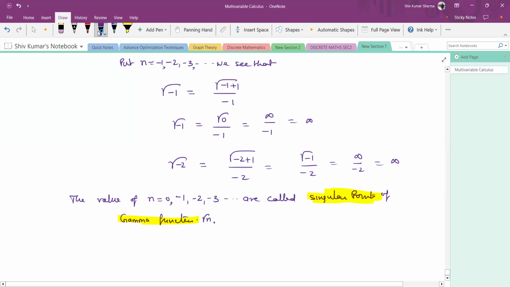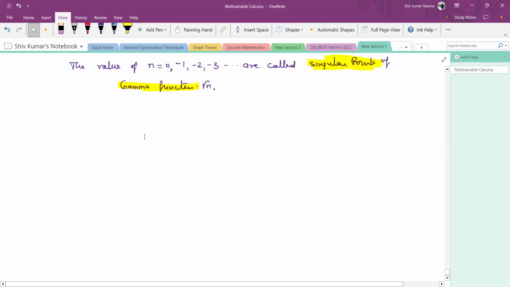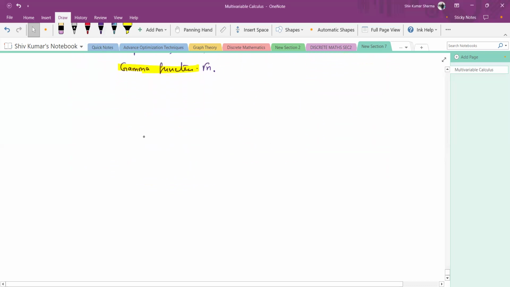Okay, now we move further, to another definition related to the gamma function. We have one property, you remember the property.